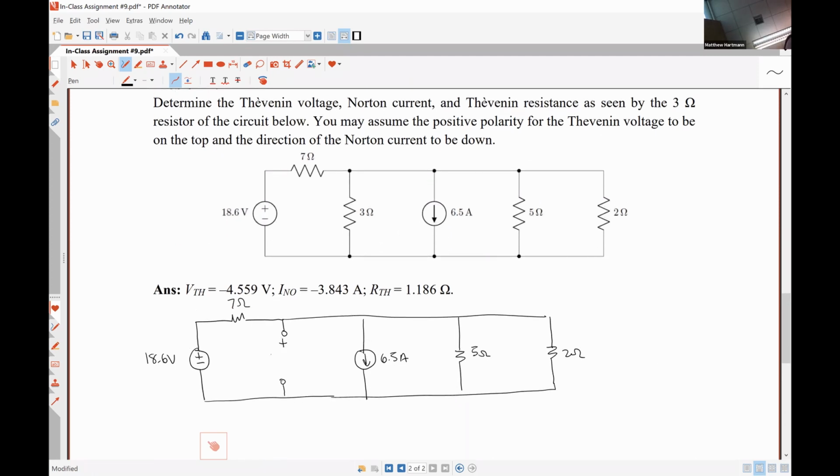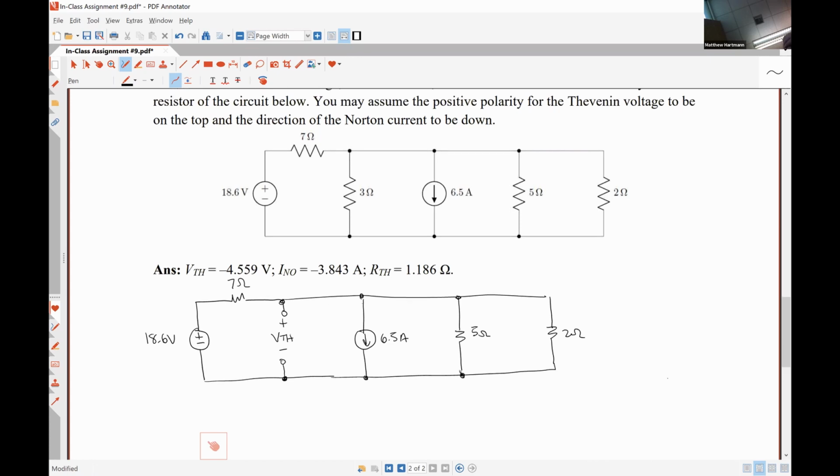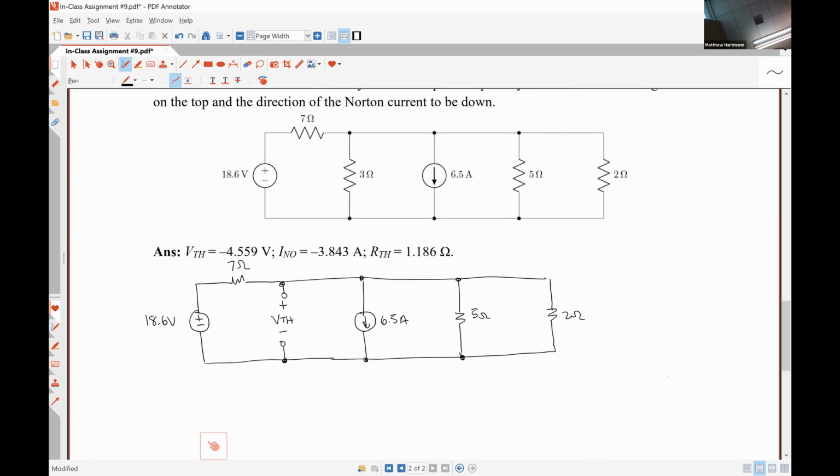So that means we're solving for this voltage, VTH. So I want to be clear here. Anytime we're trying to find the Thevenin equivalent with respect to a particular component, we need to make sure to take that component out of our circuit to do the analysis. So what do you guys think the most efficient means to determine this Thevenin voltage is?